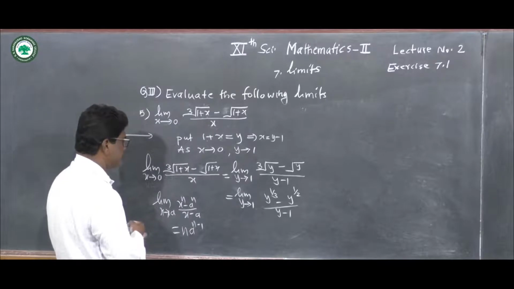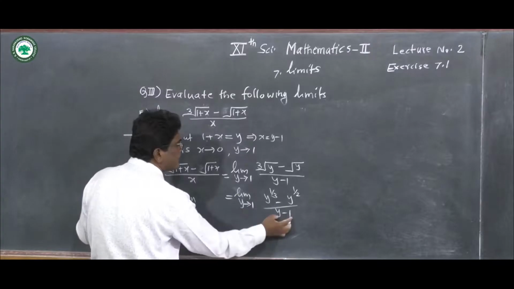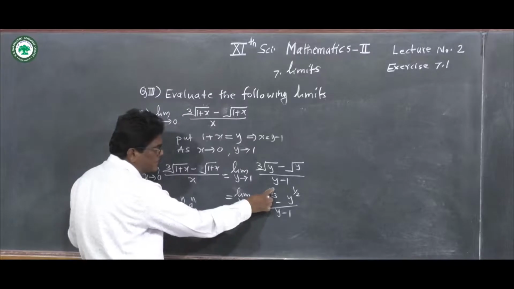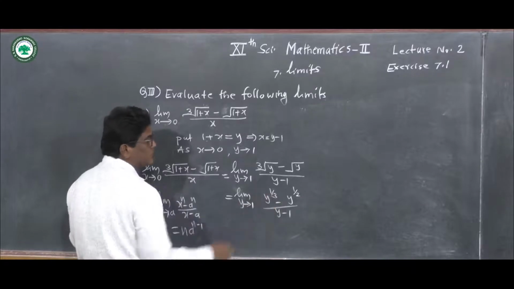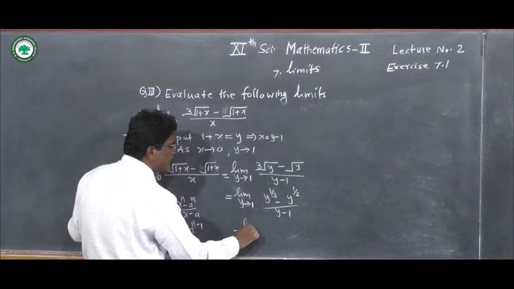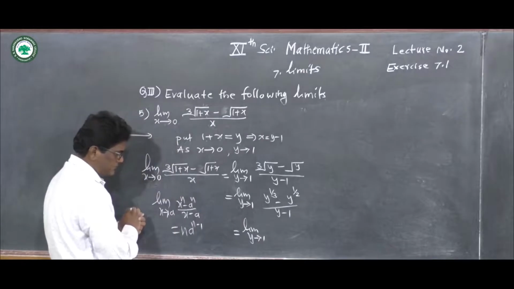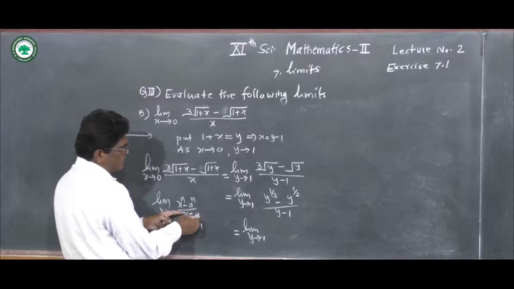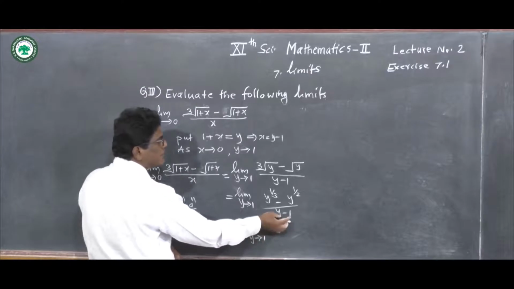So here, limit as y tends to 1. If we want to use this formula, see here in the denominator x minus a, so x to the power n minus a to the power n should be in the numerator. Here in the denominator is y minus 1.